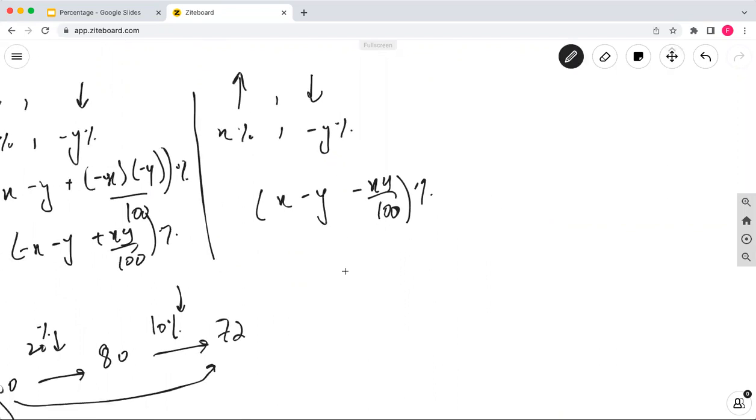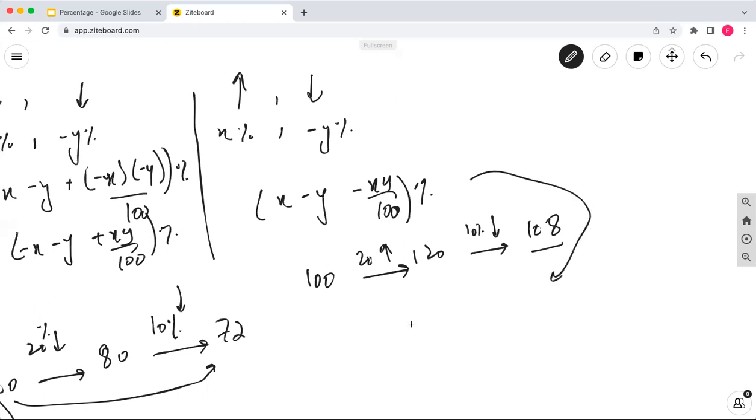Just take the example, we have 100. If we increase the value by 20%, what is the answer? That is 120. And if I decrease this by 10%, what is the value? 108, right? Now let's see the formula.